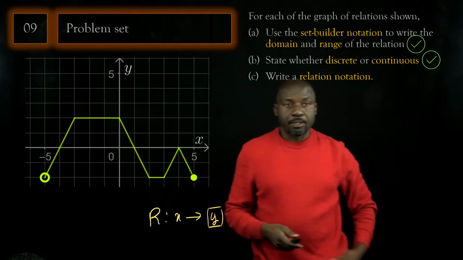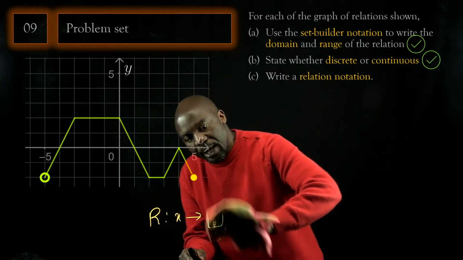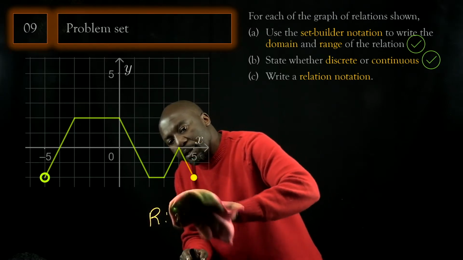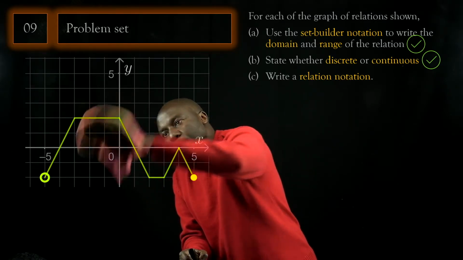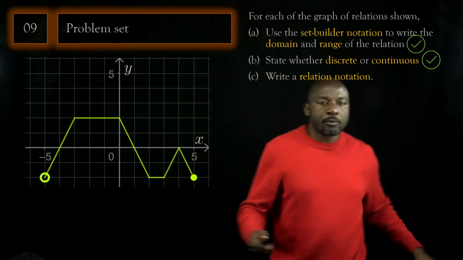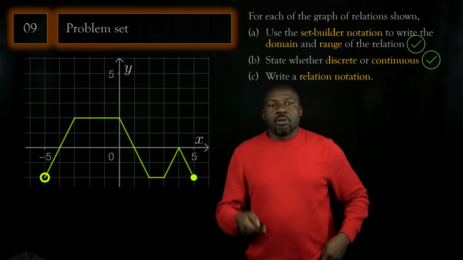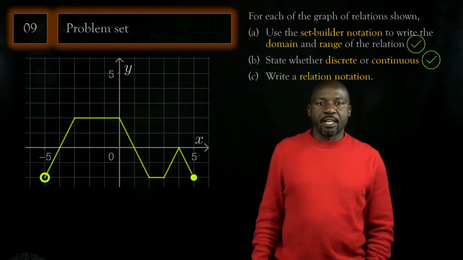What I have done is to name the different parts of this piecewise function. Because these are all straight lines, we need the equation of a straight line.